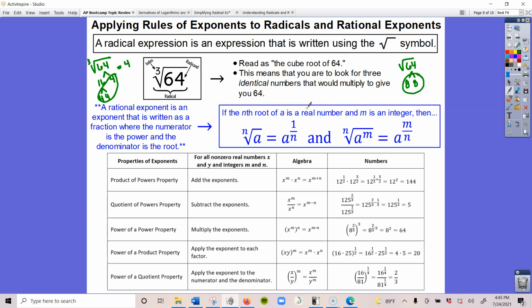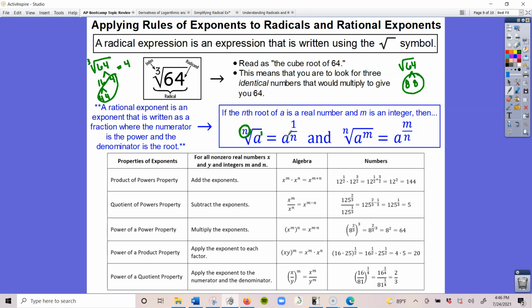Now, radicals can also be written with exponents, and those are called rational exponents. We're going to be doing this a lot throughout the course, so we need to know how to do that. If I have the nth root of a raised to the first power, the root, the index, is the denominator of the exponent, and the power is the numerator of the exponent.